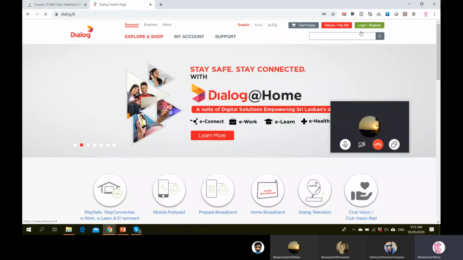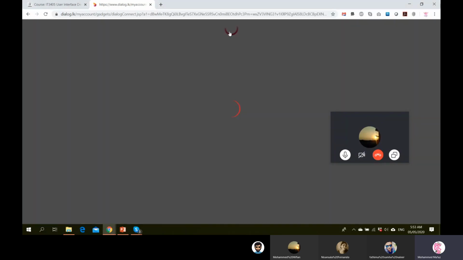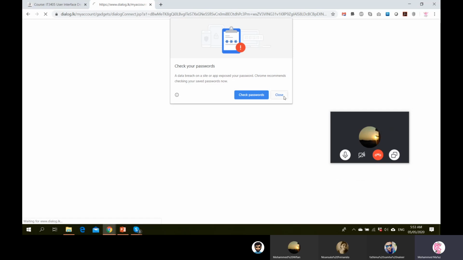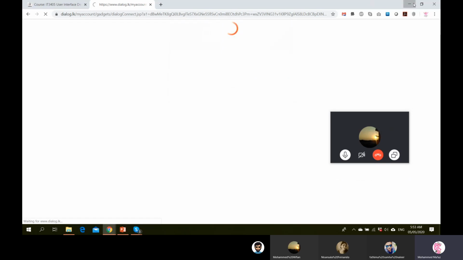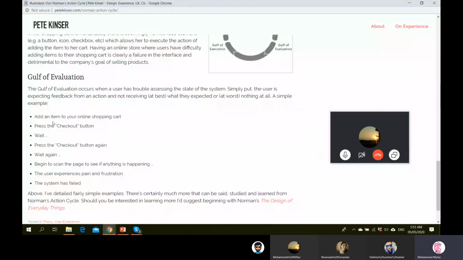So let's see, we log in here. See this kind of icon, right? That's what they are explaining in this thing. If the developer had added that here, that would have avoided this frustration, right?